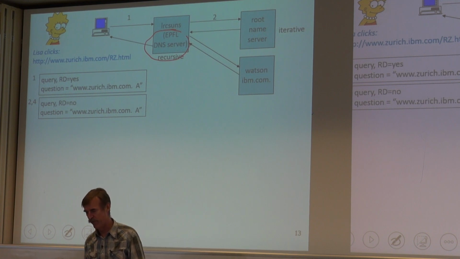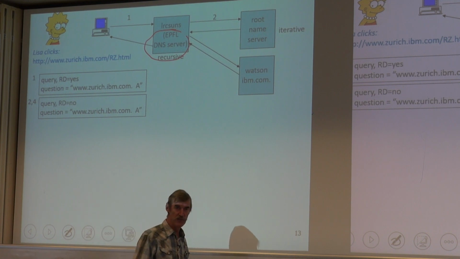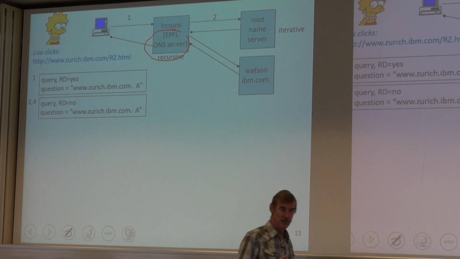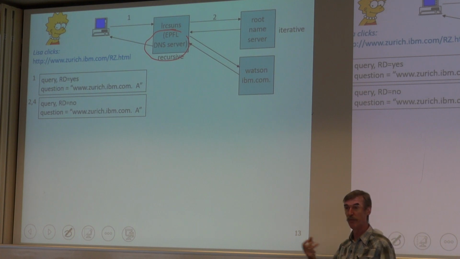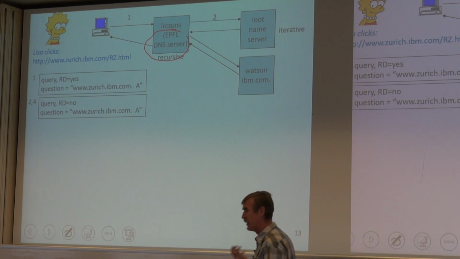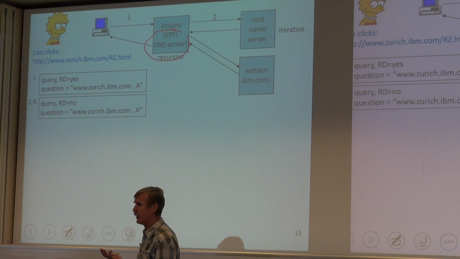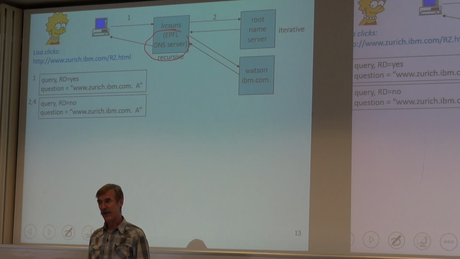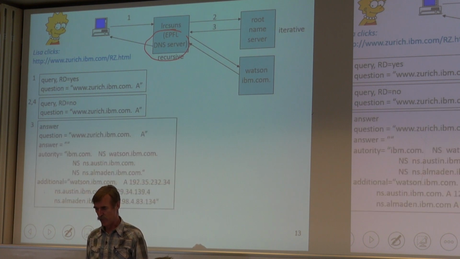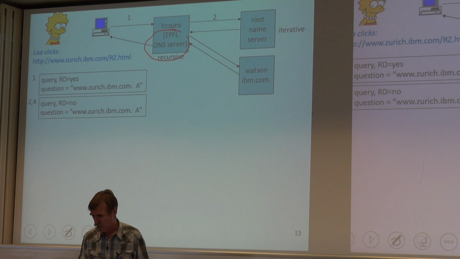So it will go to one of the 13 so-called root name servers, which are name servers that contain the bootstrap information for all the top-level domains. So inside the root server is, for example, the IP address of the DNS server of IBM. So the message will be sent by EPFL to the root name server.